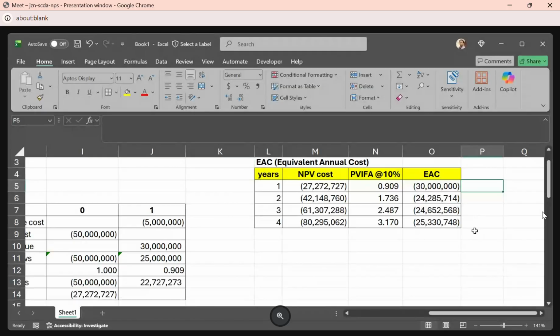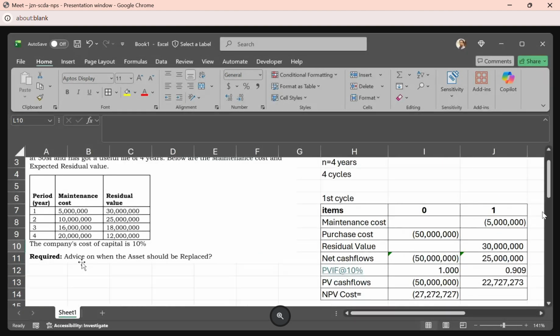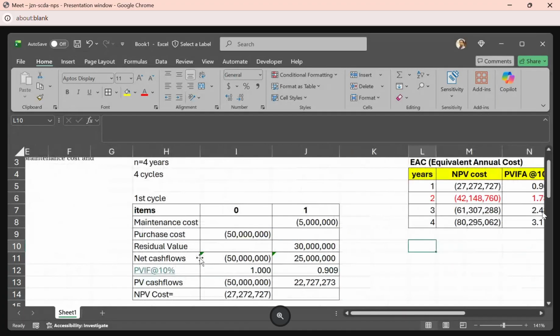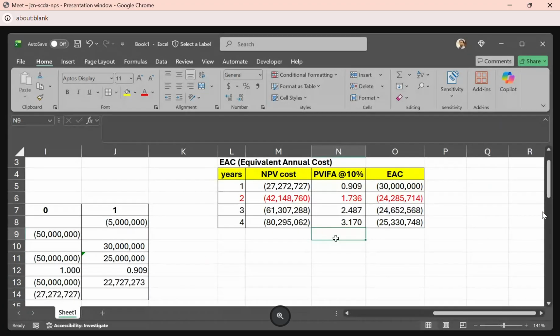Where are we minimizing the cost? Here we have 25, 24.6, 24.2, 30 million. So it means year 2 is the year where we'll be minimizing the cost, which means that when they say advise on when the asset should be replaced, you see the asset should be replaced in the second year, or in year 2.